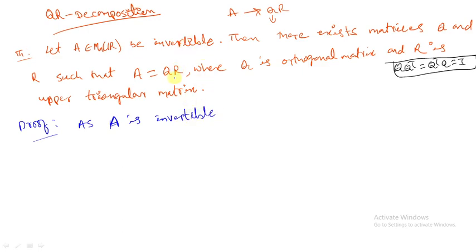A is invertible. Invertible means its columns, for an n by n matrix, form a basis of Rn.